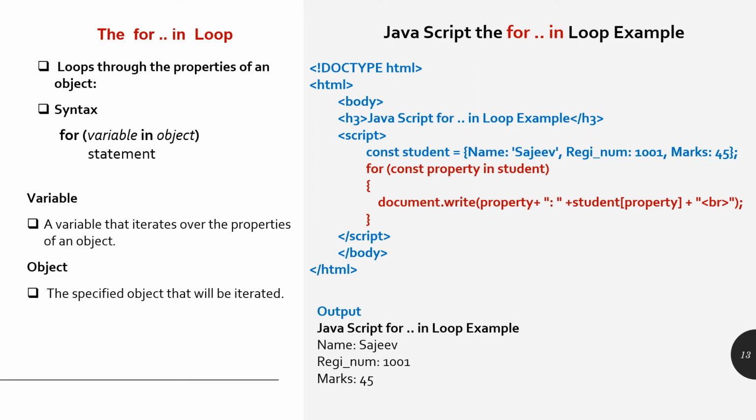Object refers to the specified object that will be iterated. Let us consider an object student. Properties: name Sajeev, register number 1001, marks 45.